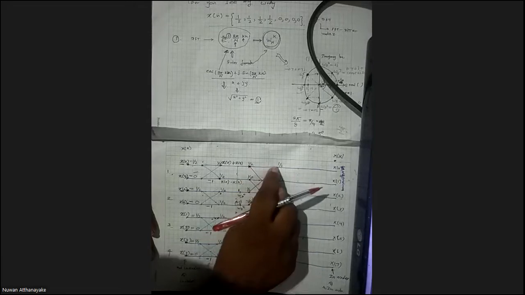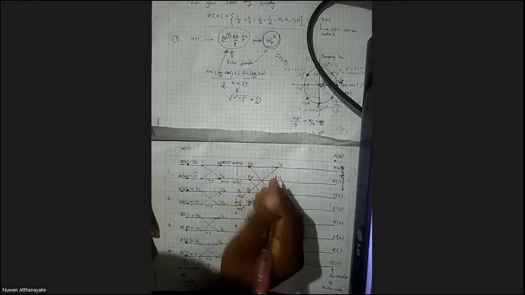It is actually a very huge mistake. Up to this level it is okay. But when you are finding the value here, this is half, and you have to add this value.